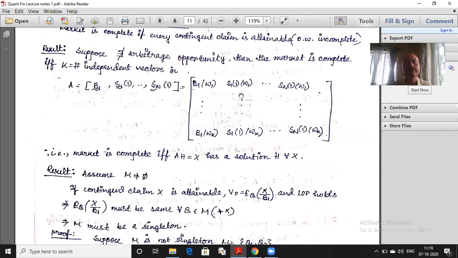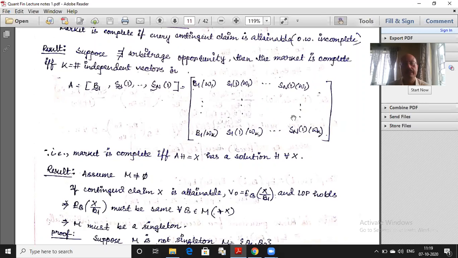So if you recall, this is in chapter 2 that we discussed earlier in terms of our stocks only. So we had this completeness result. The market is complete if and only if this rank condition holds.